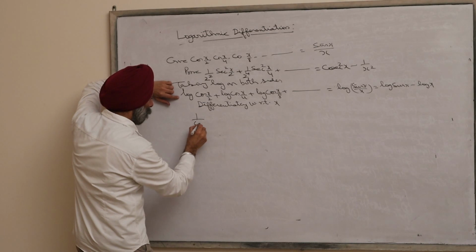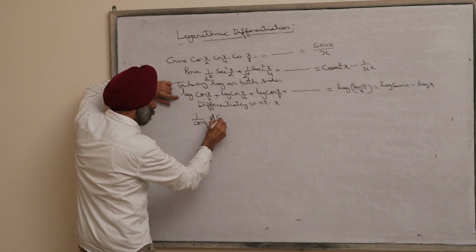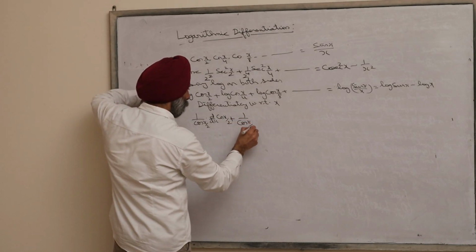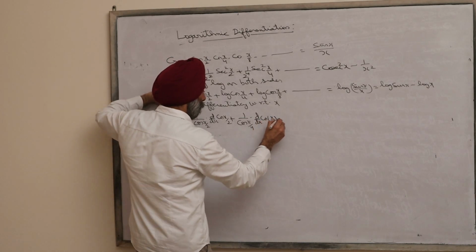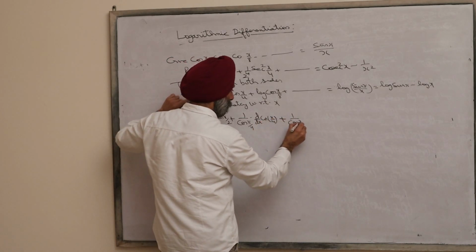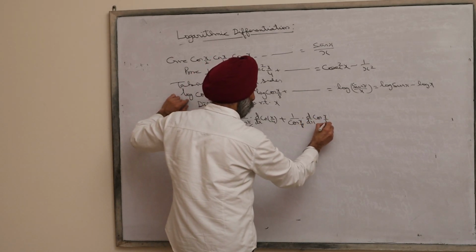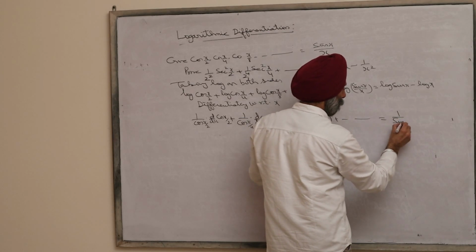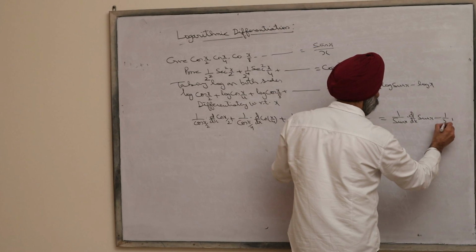So it is 1 over cos x by 2 into differential of cos x by 2, plus 1 over cos x by 4 into differential of cos x by 4, plus 1 over cos x by 8 into differential of cos x by 8 and so on, is equal to 1 over sin x into the differential of sin x minus 1 over x.